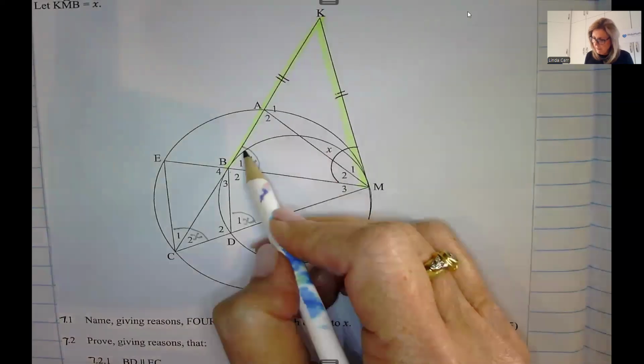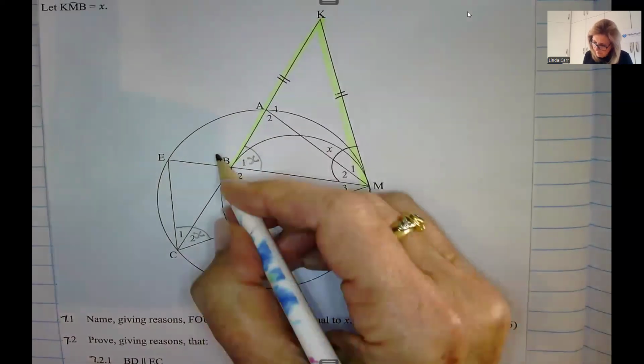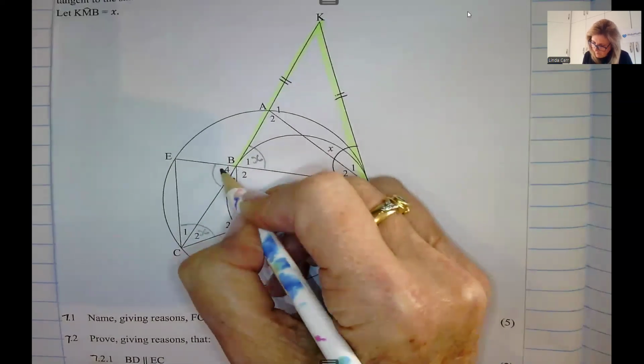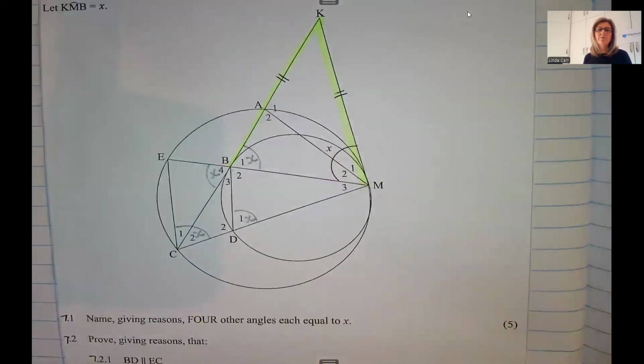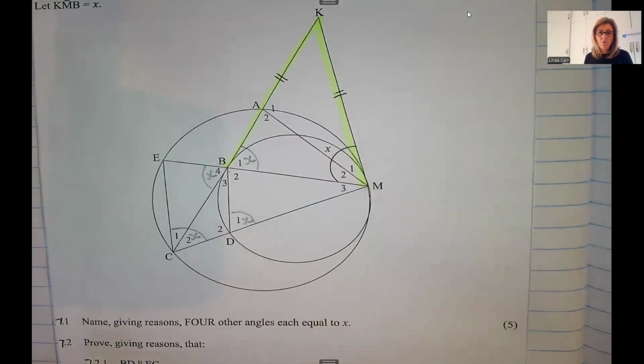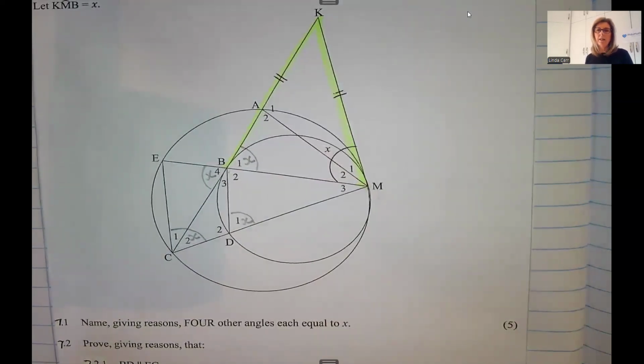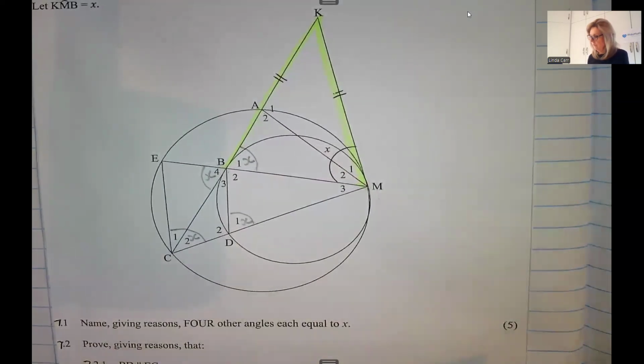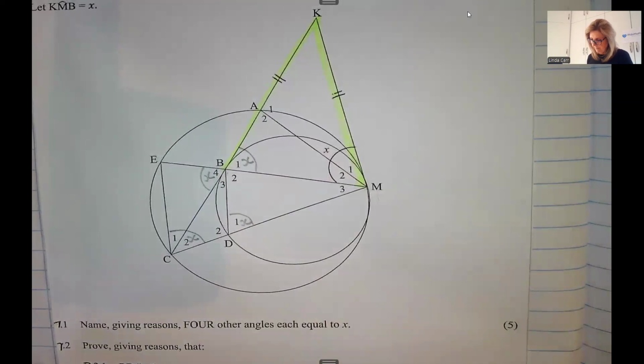And then if B1 is equal to X, I can also say B4 is equal to X because of vertically opposite angles. So there I have 4 different angles, each equal to X for various reasons. I'm not going to write those all down now. That will waste your time, but we have worked our way through all of them.